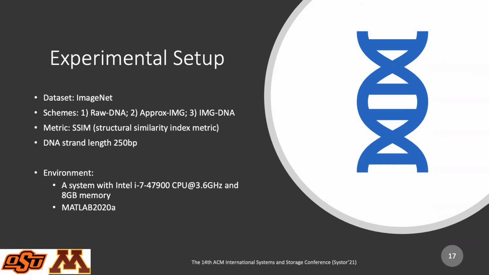We use a metric called SSIM to indicate the quality of images, and we use 215 base pairs for the DNA strand length. In our experimental environment, we use a system with a CPU at 3.6 gigahertz, and the memory size is 8 gigabytes. The software tool is MATLAB 2020.